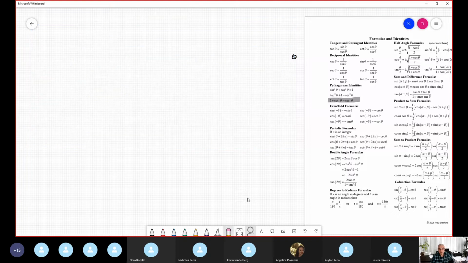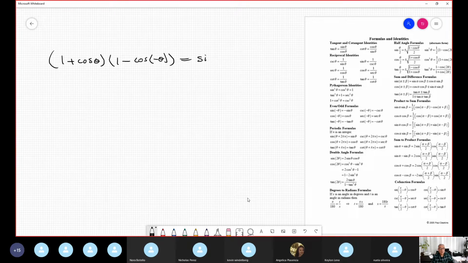Okay, now, next one. Let me erase this. Okay, next one is parentheses 1 plus cosine theta times 1 minus cosine negative theta is equal to sine squared theta. Prove that. Okay, wow, complicated.